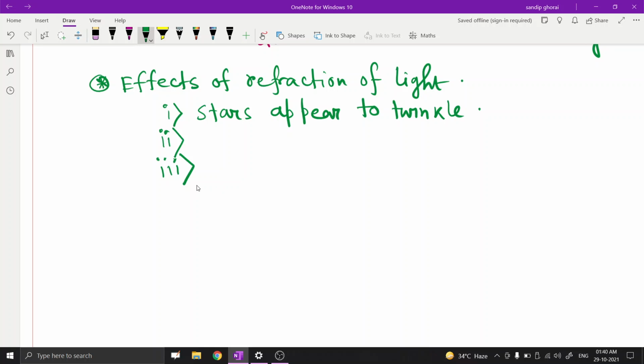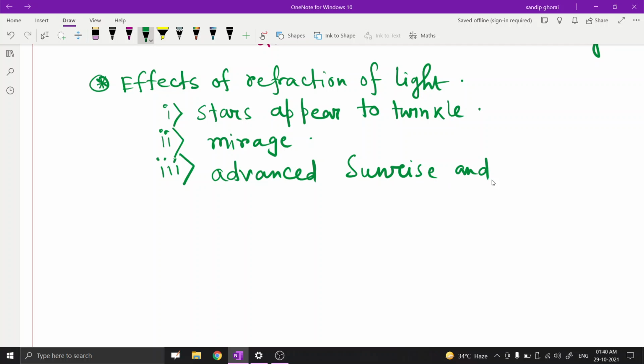The second one is explanation of mirage with the help of refraction of light, and the third one is about advanced sunrise and delayed sunset. Okay, so these are some effects of refraction of light.